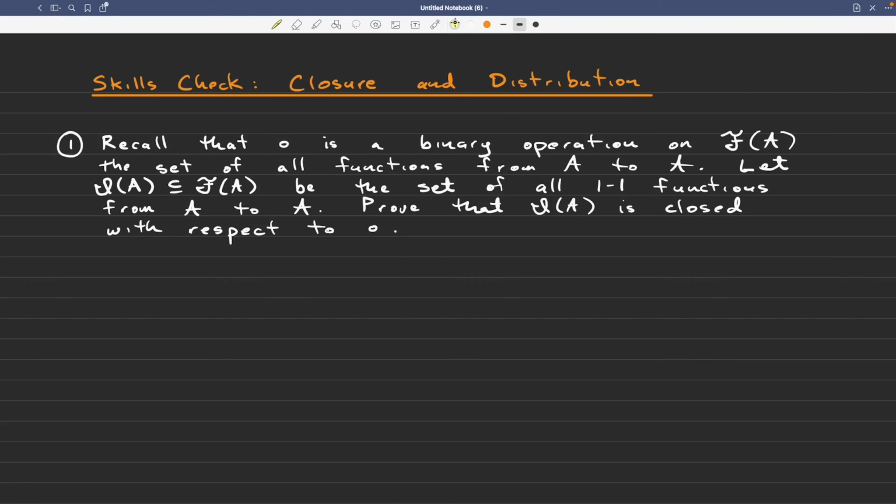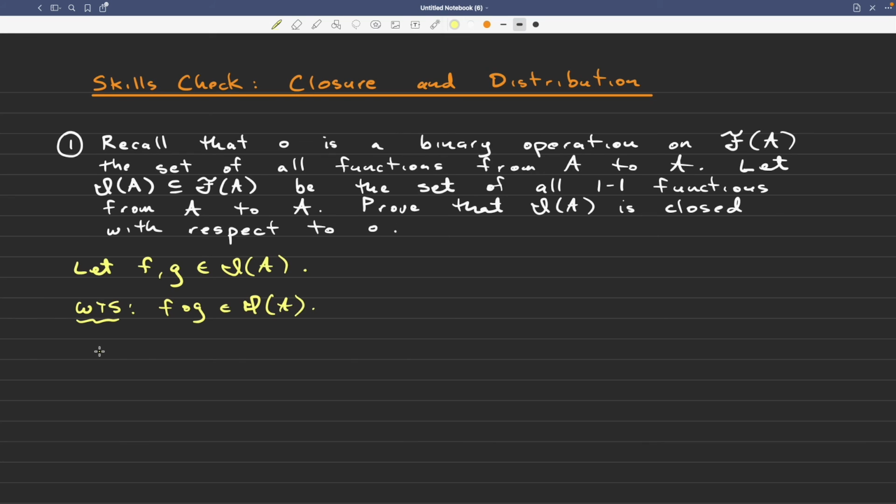All right, welcome back. I want to show that the set of all one-to-one functions is closed with respect to composition. To do that, we'll take any two, let's say f and g in I(A), and we want to show that f composed with g is also in I(A). This isn't as bad as you think.